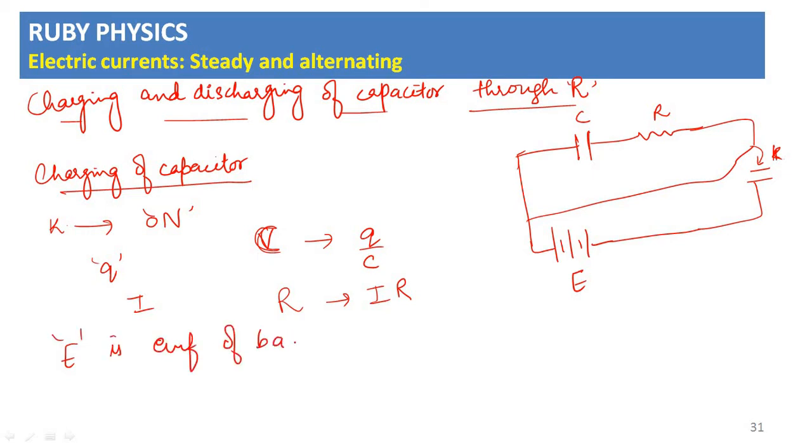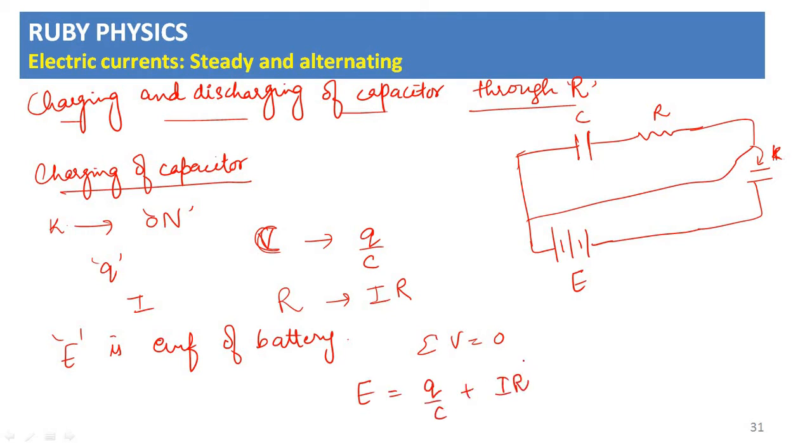Using Kirchhoff's second rule, the Kirchhoff voltage rule, that the summation of the potential across a closed circuit is 0, we can write E is equal to Q by C plus IR.